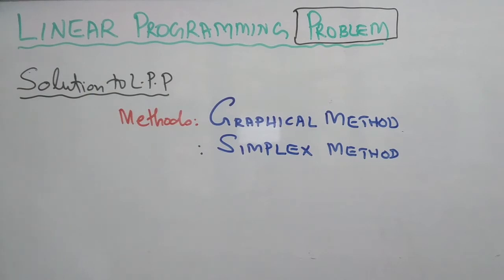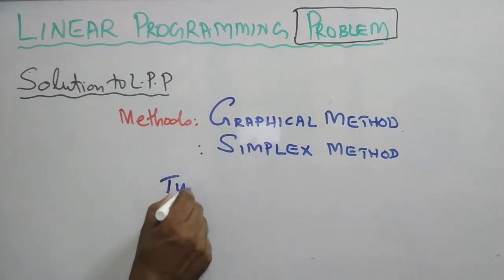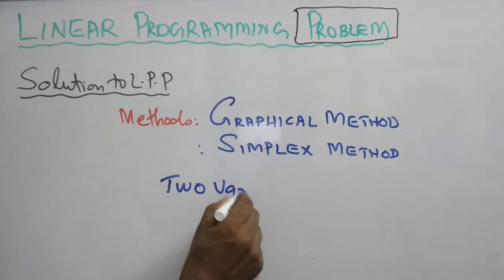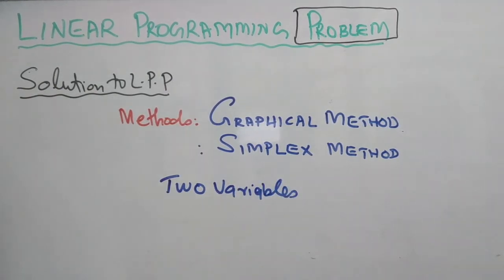The graphical method's application is restricted only to problems having two variables. A linear programming problem having two decision variables can be solved graphically, since a graph is two-dimensional: length and breadth, x-axis and y-axis.